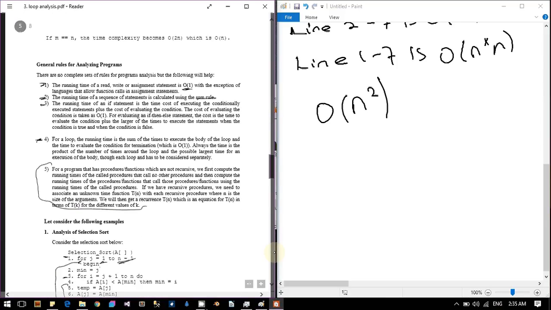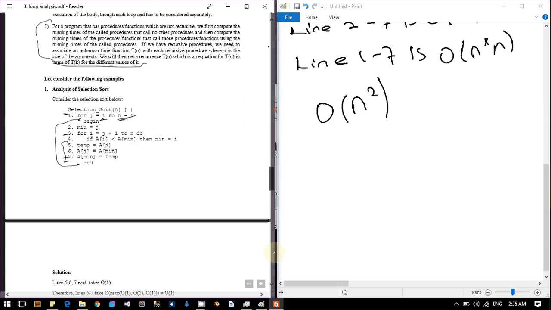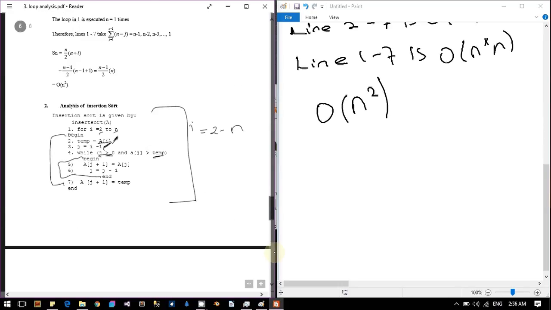If it's a sequence of statements, you find the maximum. If it's a simple assignment statement, it is order 1. If it's a loop, you multiply the body by the cost of the loop. If it's an if statement, you add the body to the cost of the if statement, which is usually order 1. So we analyzed the selection sort and insertion sort.